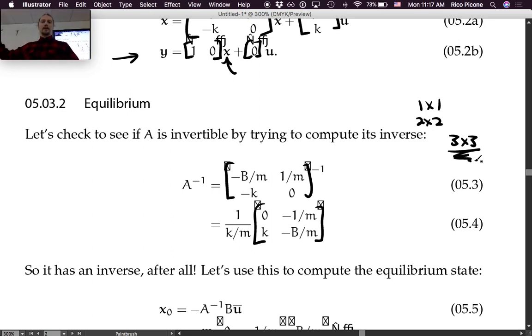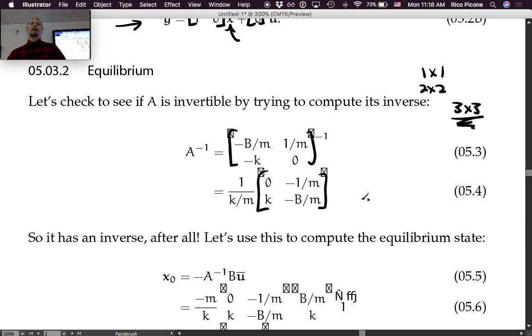Okay, so here we go. For a 2 by 2, the nice way of doing this is the adjoint matrix divided by the determinant of the matrix. That's the matrix inverse. And for small matrices, it's easy enough to compute that. So the adjoint for a 2 by 2 is actually very simple.